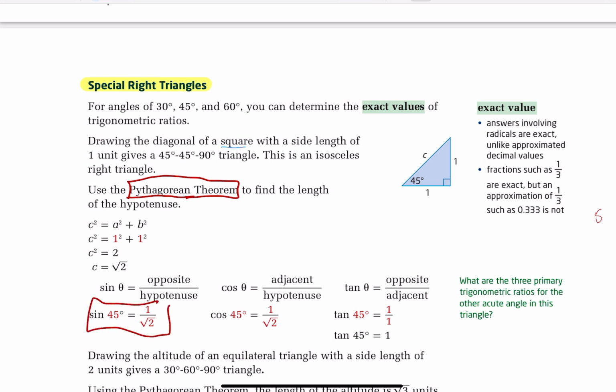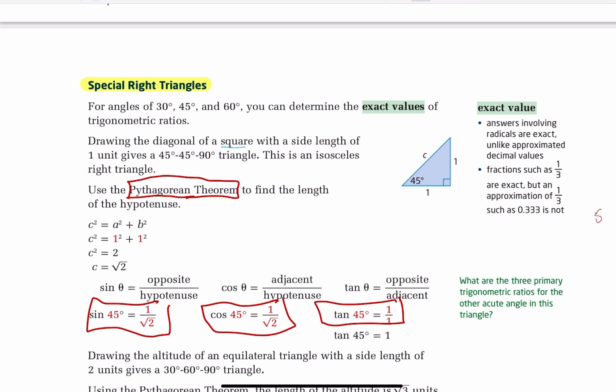We can find the sine, the cos, and the tan of my 45 degree angle.